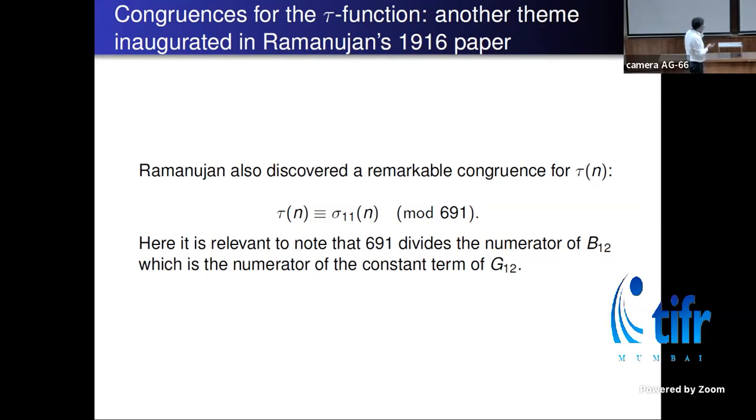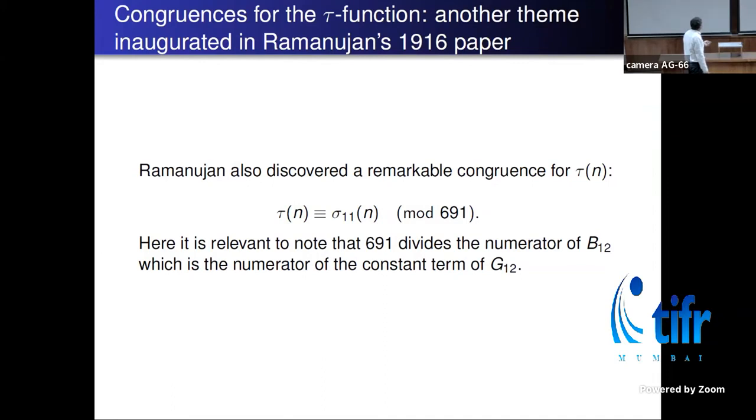It's congruent to this simple arithmetical function sigma 11 of n, which is just the sum of divisors of n to the 11th power. And somehow the 691 has something to do with the fact that 691 divides the numerator of the 12th Bernoulli number, which happens to be the constant term of the Eisenstein series of weight 12. Right? So there's some reason why 691 appears here.